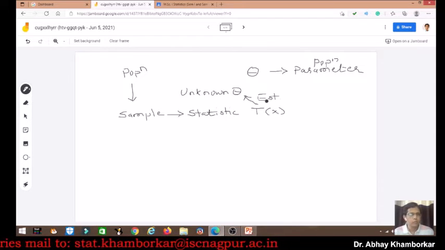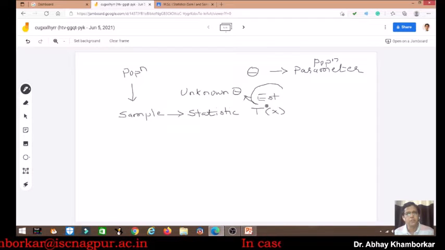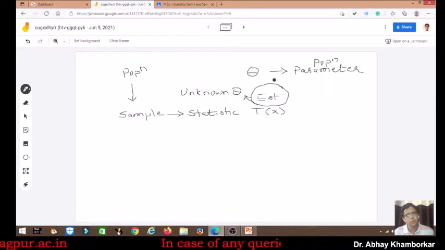Depending upon the situation, we can use either point estimate or interval estimate, but both are part of estimation theory. We have studied this estimation theory in detail, and we have seen different properties of the estimates and so on.